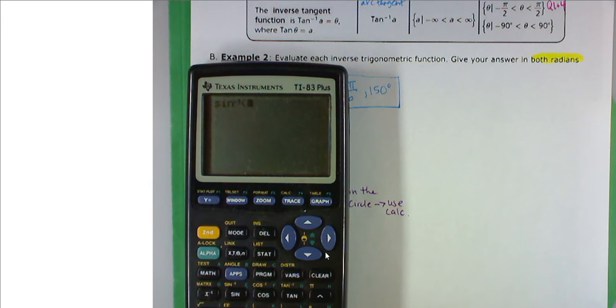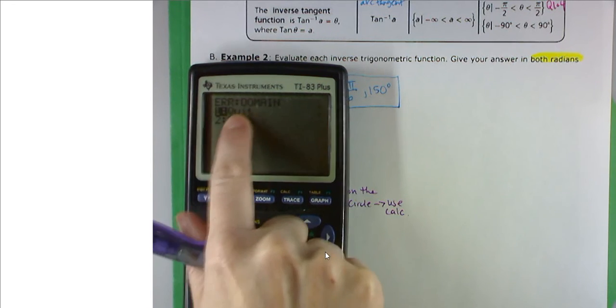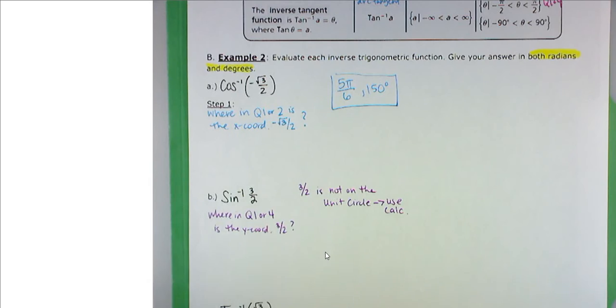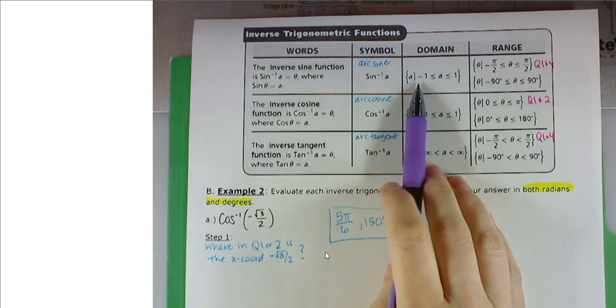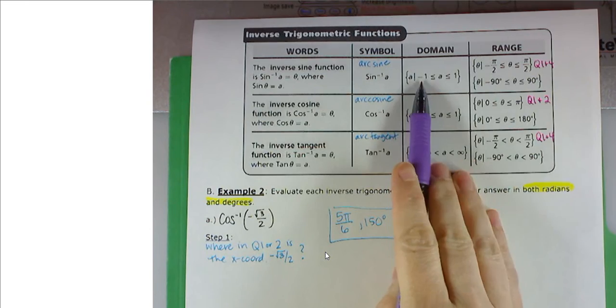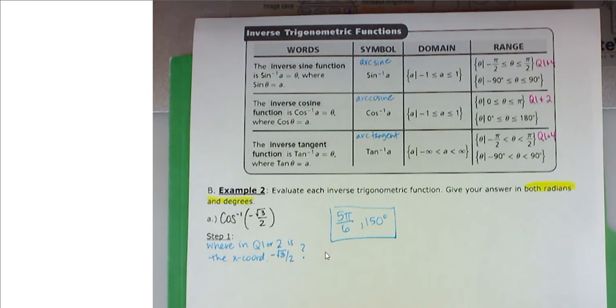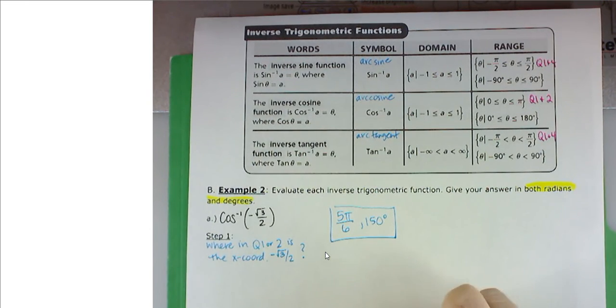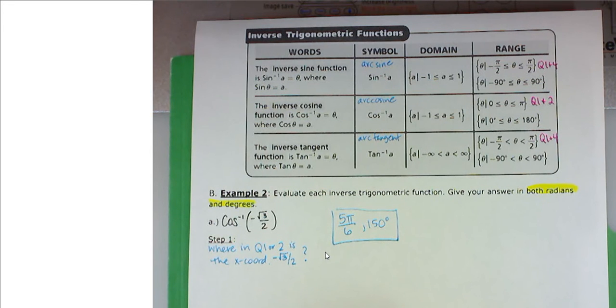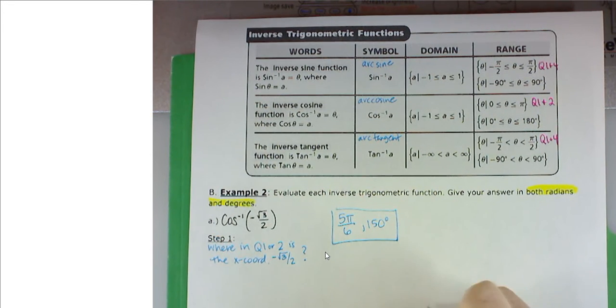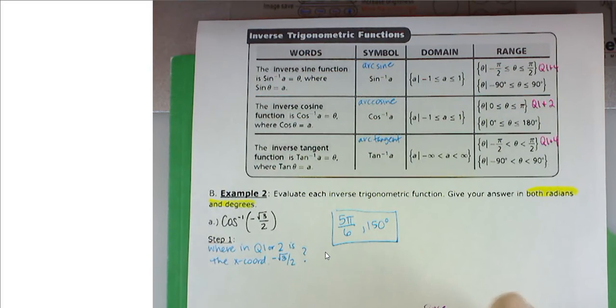So we would say that this is undefined. Since 3 over 2 is greater than 1, it is not in the domain, and the sine inverse of 3 over 2 is undefined. If you get an error, it is undefined.